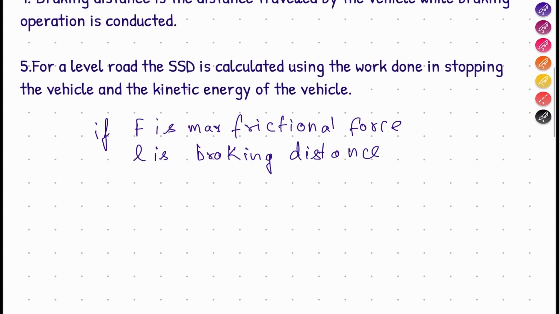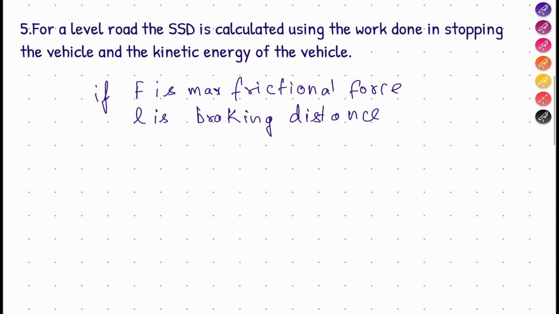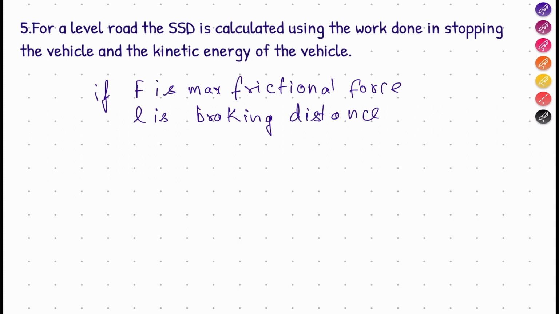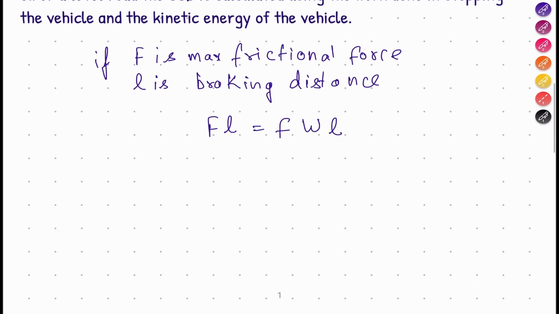Then the work done against friction in stopping the vehicle would be given as FL, where F L is equal to small f into W into L, where W is the total weight of the vehicle.